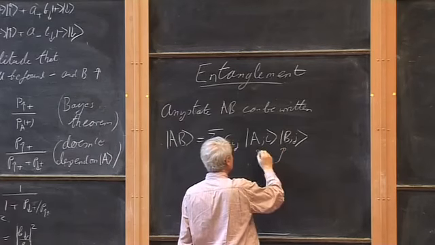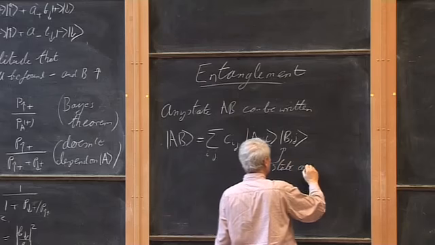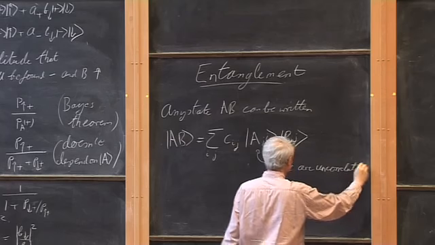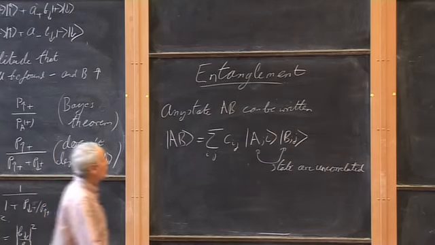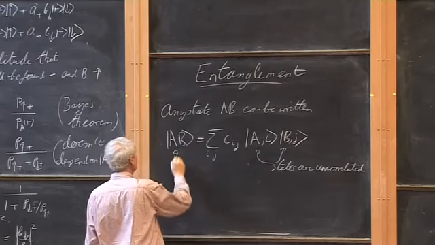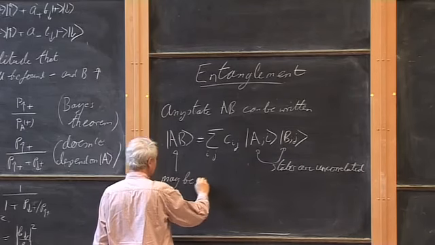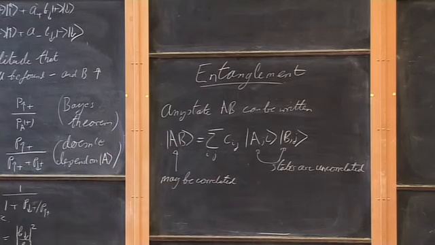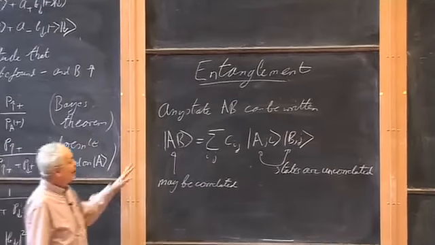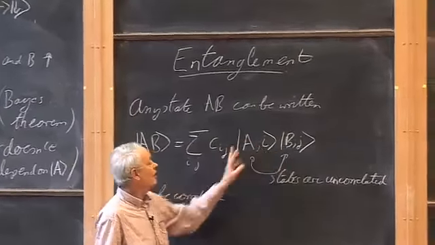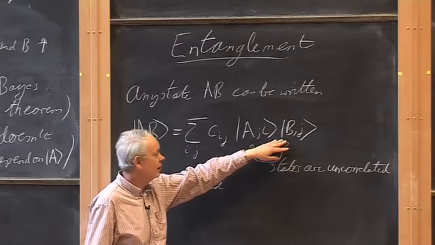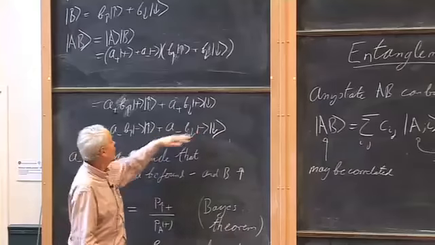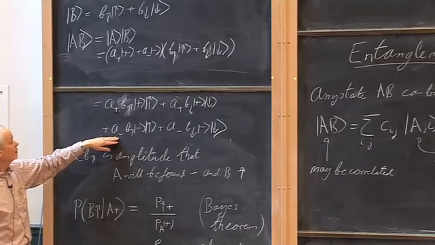These states describe uncorrelated states in which the two subsystems are uncorrelated. But this sum may be correlated, probably is correlated. So the way quantum mechanics introduces correlations between subsystems is by taking linear combinations of uncorrelated states. We just had such a linear combination of uncorrelated states here, right?